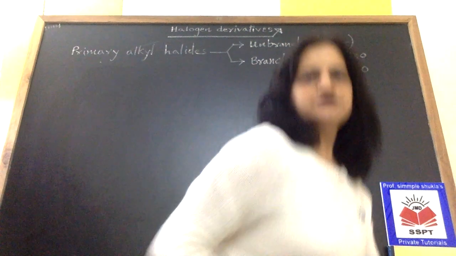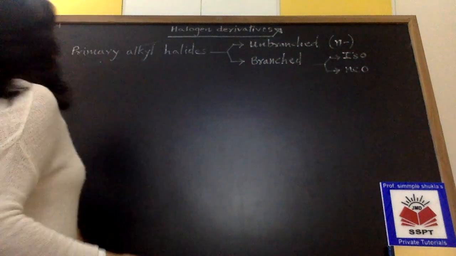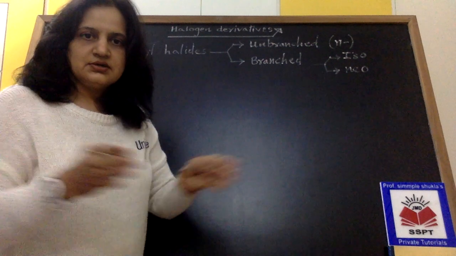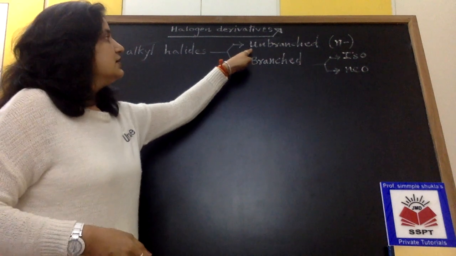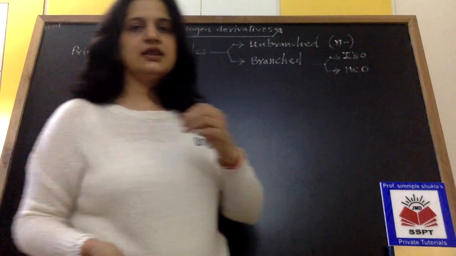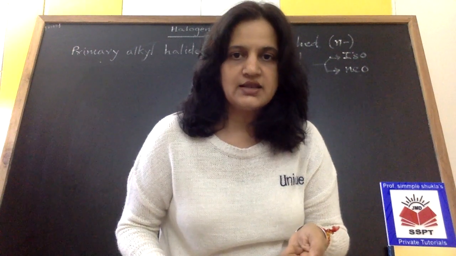Now we move to further classification of primary alkyl halides, which is on the basis of the structure. The structure can be unbranched or it can be branched. So primary alkyl halides are of two types: branched alkyl halides and the unbranched alkyl halides.